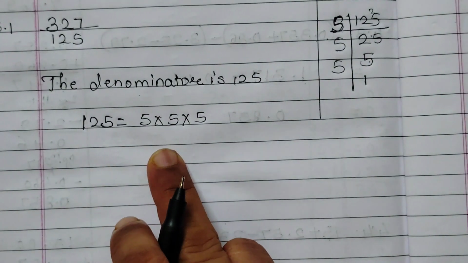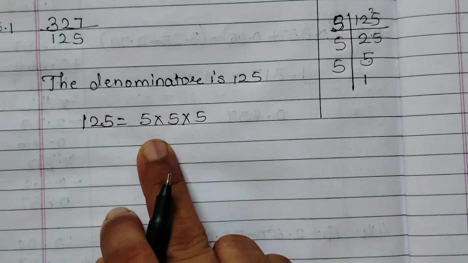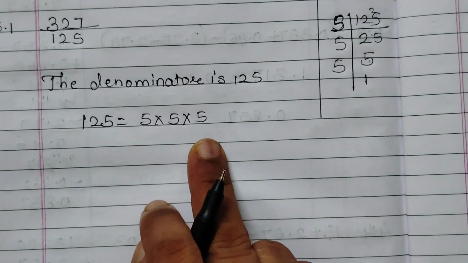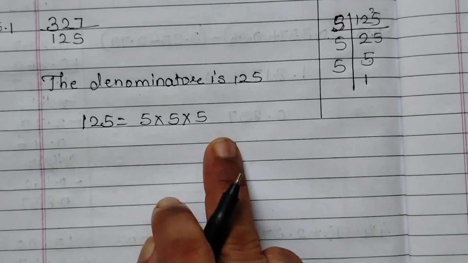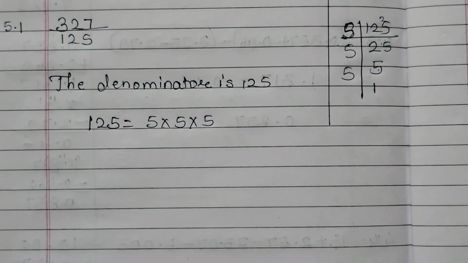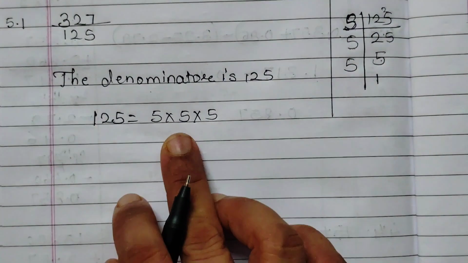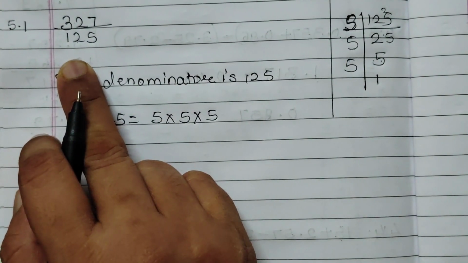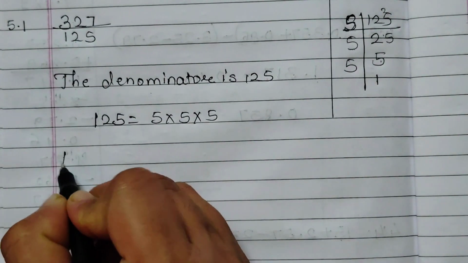Okay, so for a terminating decimal, the factors of the denominator should be either 2 or 5 or both 2 and 5. But other than 2 and 5, if any other number is there, it is a non-terminating decimal. But here we have 5, so this number is what? A terminating decimal.